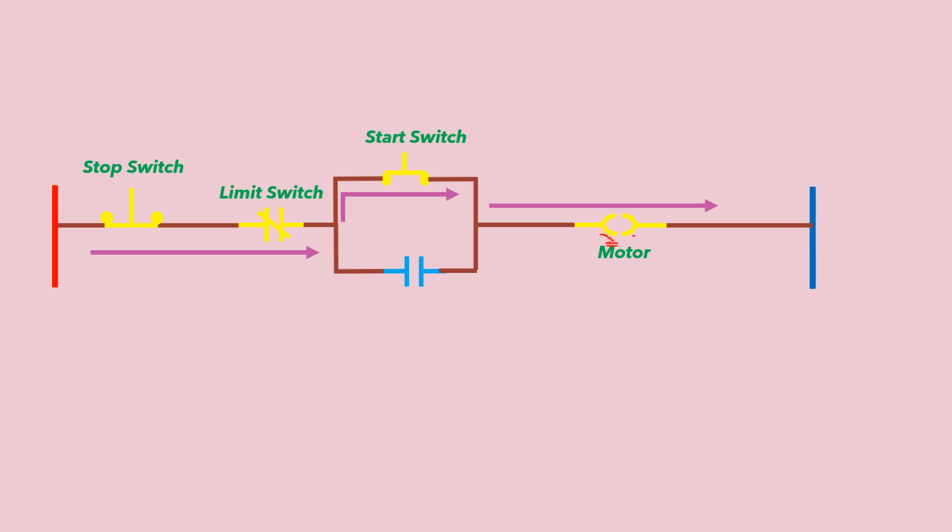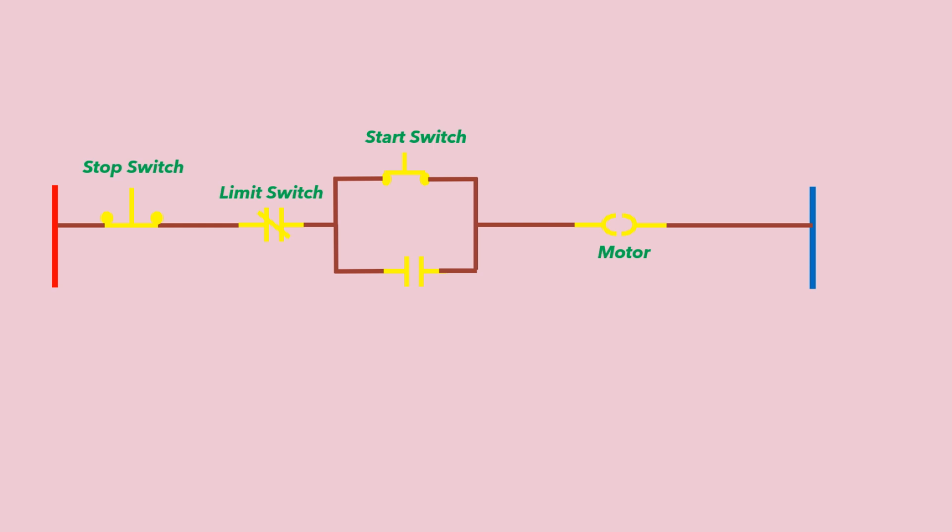As soon as the motor gets activated, this coil is connected such that when this output coil is activated, this relay also gets activated. So a parallel path is formed here.